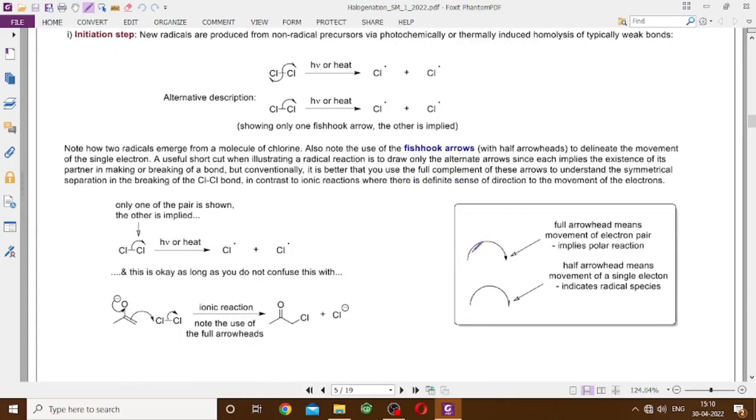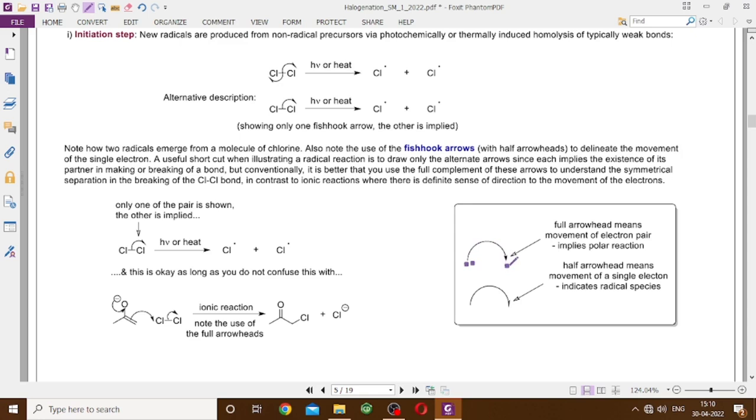While we are familiar with this arrow, where this is the sink, this is the source of the electron pair, and that is the sink of the electron pair. So this is the source starting from maybe a nucleophile, and here it is ending maybe in an electrophile, starting from a base ending with a proton or something like that. Full headed arrow that indicates the movement of a couple of electrons, right?